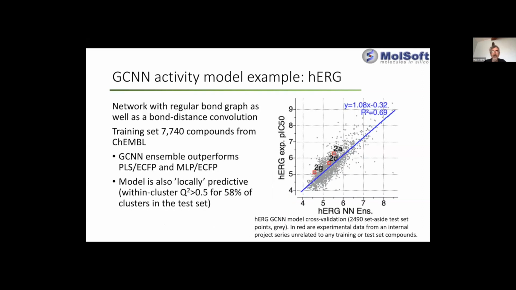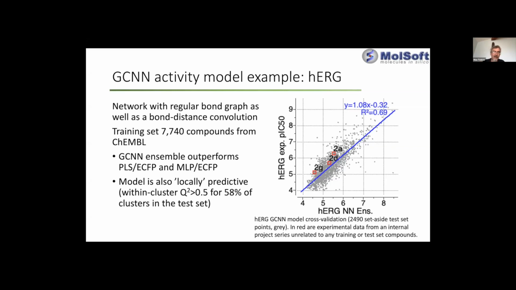We also looked at how GCNNs could work for activity predictions. hERG is one target that is often interesting for off-target testing and elimination of problems with this important off-target that lead to side effects. So we tried to train the model just using the convolutions that I already mentioned.